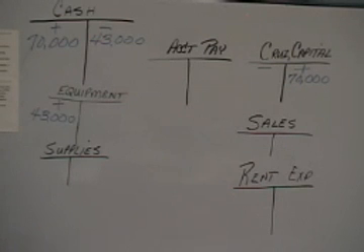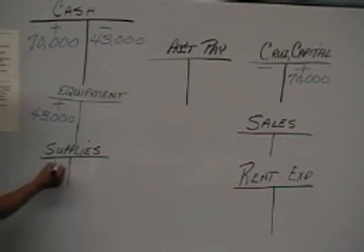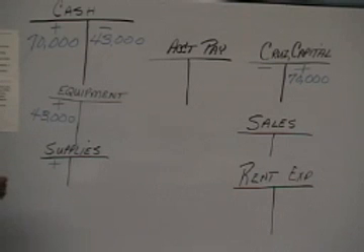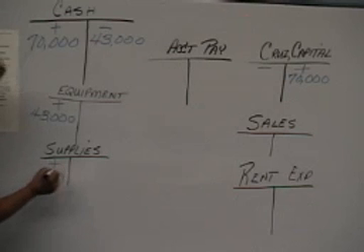The two accounts that are affected, supplies, which is an asset account, and accounts payable, which is a liability account. If you are buying supplies, you are increasing your supplies. So in the supplies account, since it is an asset, it increases on the debit side. We are buying $800 worth of supplies, so we are going to debit the supplies account.